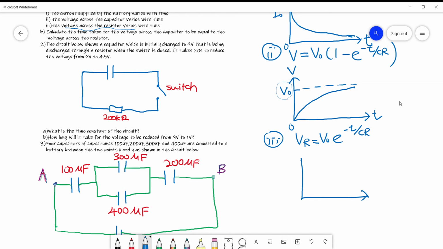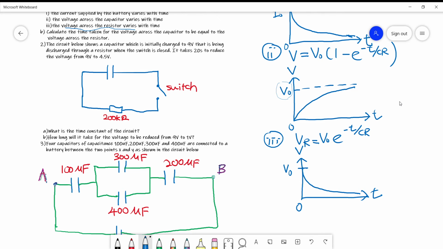This will be my graph: this is the potential difference, this is the t and 0, and the graph will decrease exponentially along with time. This is the V naught.